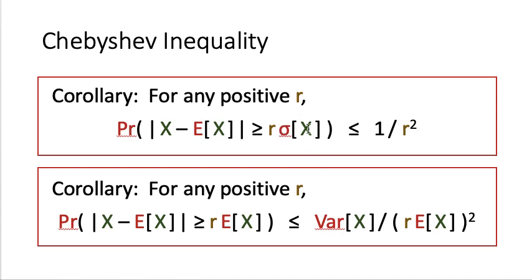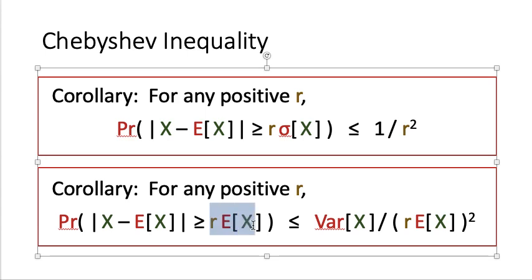Recall that sigma of X, the standard deviation of X, is simply the square root of the variance. So r times sigma of X squared is r squared times the variance of X, so we get this one. And for the last part, we change this term to r times E[X] instead, plugging it in as the a value in the original formula, and we get this corollary.